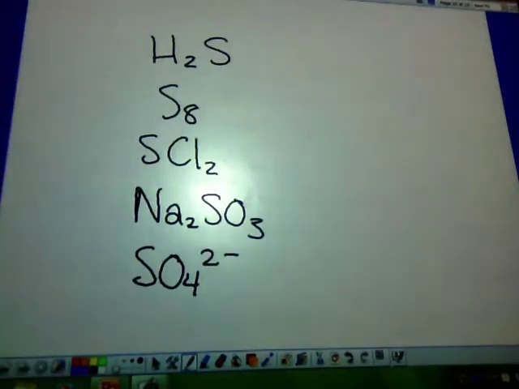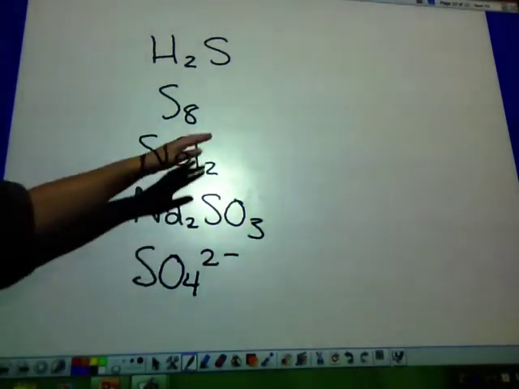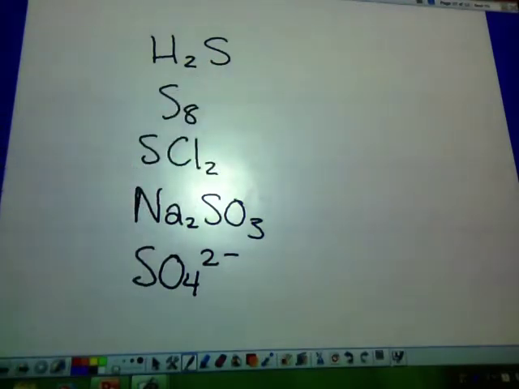So I have H2S. I do not have a specific rule for sulfur, but I do have an oxidation rule for hydrogen. If hydrogen is bonded to a metal, it's considered to be a -1 oxidation state. If hydrogen is bonded to a nonmetal, in this case sulfur, then it's considered to be a +1 oxidation state.